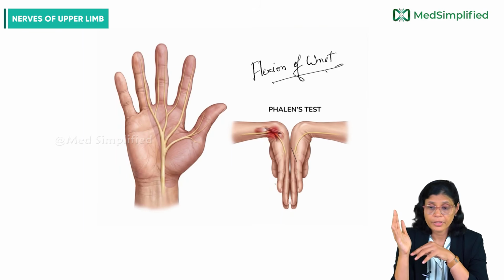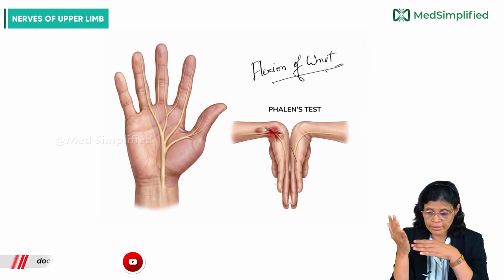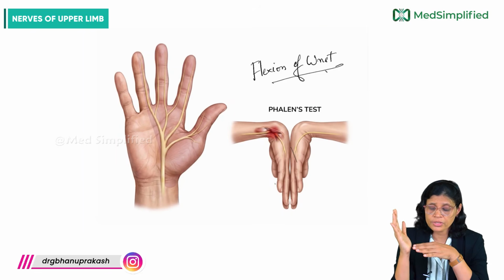So it is okay. Then the main injury which we see is the carpal tunnel. Here the nerve can be compressed because of myxedema, retention of fluid in pregnancy. Then what else did we see? Tenosynovitis. All this causes the compression there, and that can result in carpal tunnel syndrome.